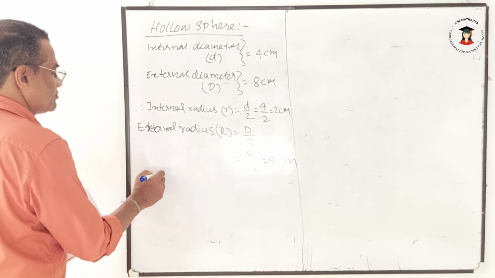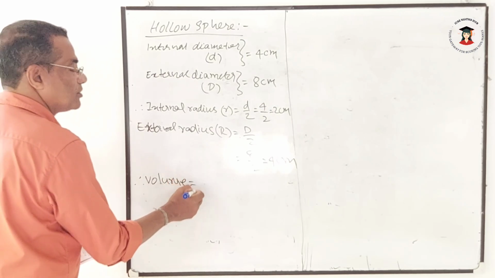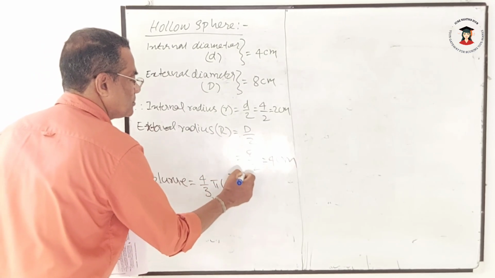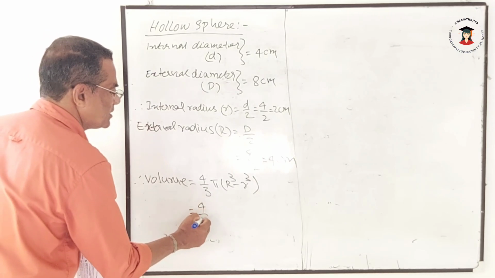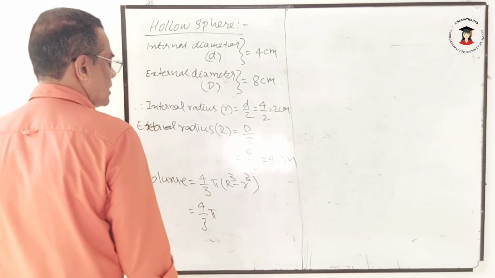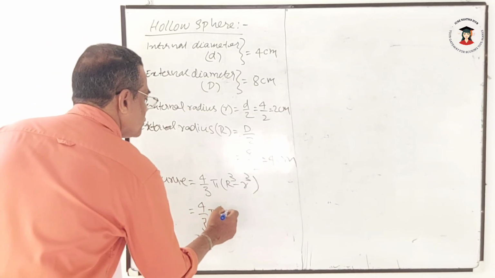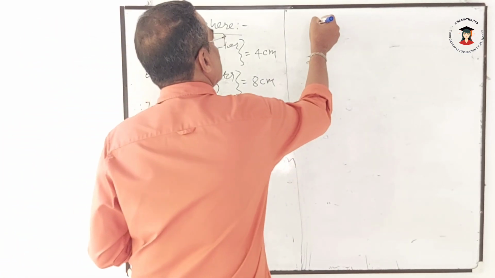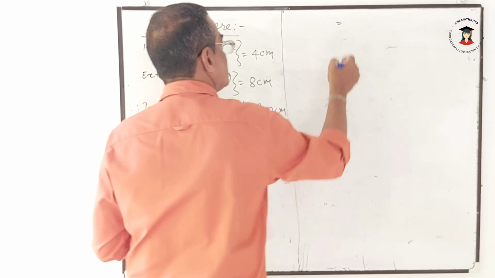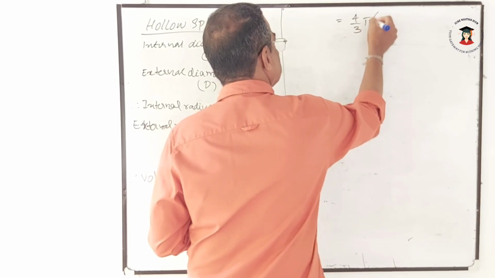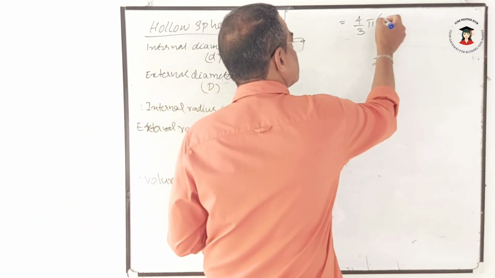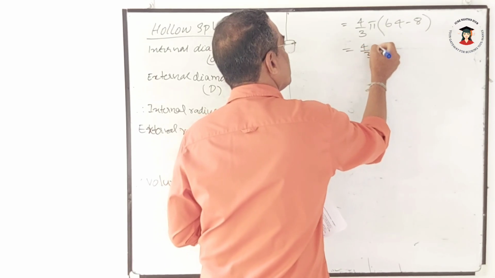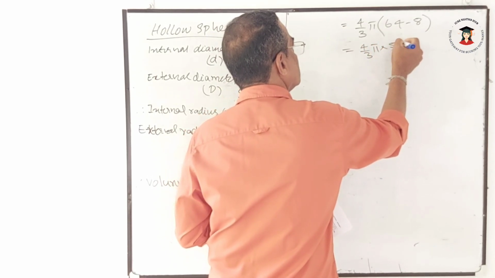Therefore, volume of hollow sphere, we know the formula is 4 by 3 pi into R cube minus r cube, equal to 4 by 3 pi into R cube is 4 cube minus r cube is 2 cube, equal to 4 by 3 pi into 4 cube is 64, 64 minus 8, equal to 4 by 3 pi into 56.